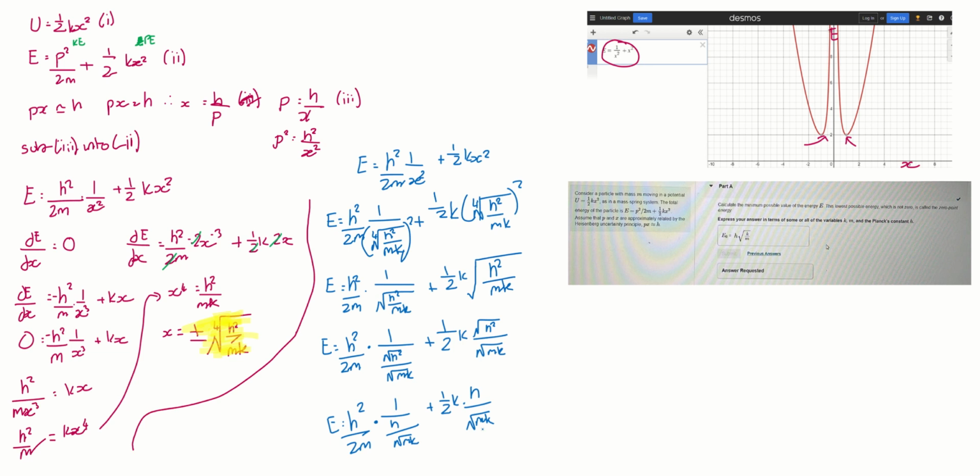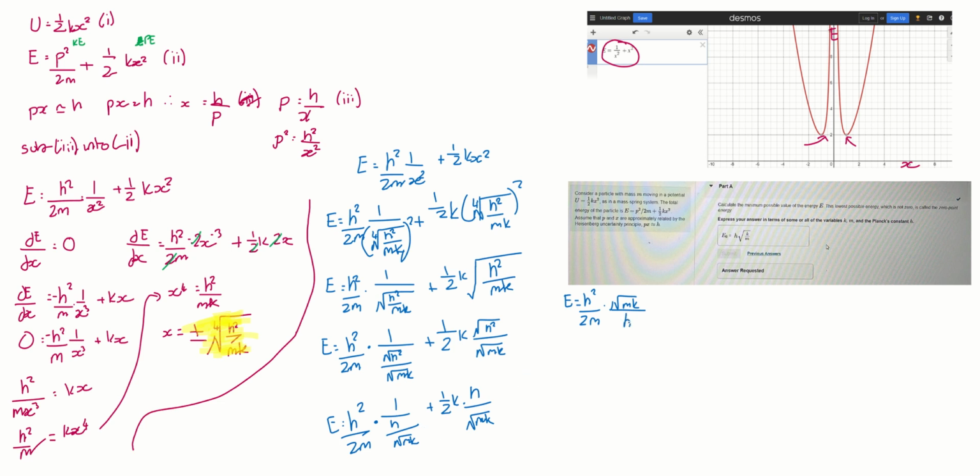This is really annoying because you remember there's a couple of things we can tidy this up, so hopefully we can fit this all in one screen for this problem. h squared over 2m times by root mk, because it's like the reciprocal, over h.